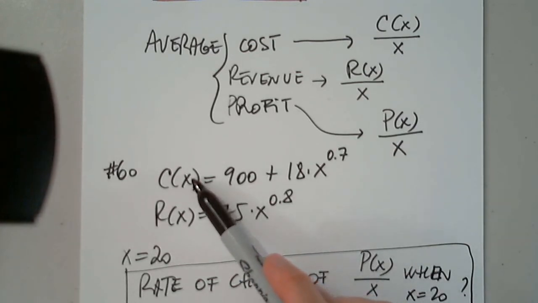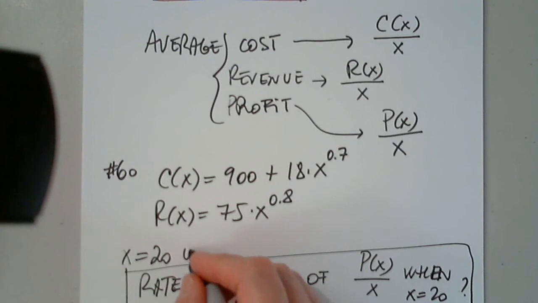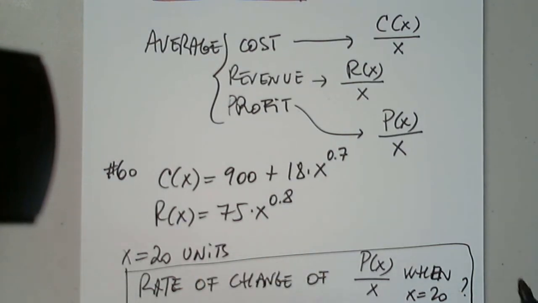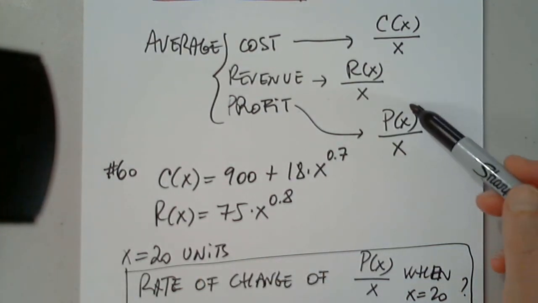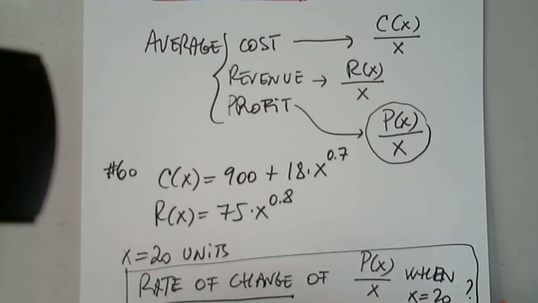They're giving us the cost, they're giving us the revenue, they're giving us the number of units, skateboards, and they're asking us to find the function and then its rate of change. And then when such and such.